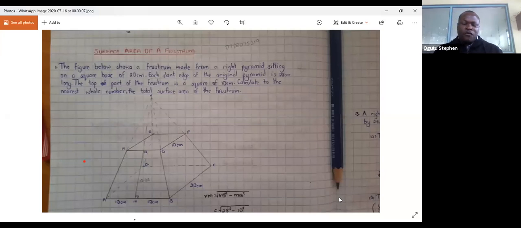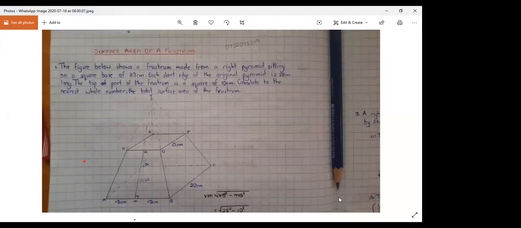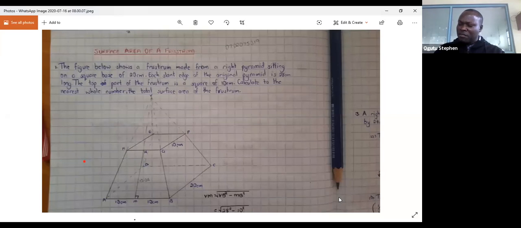Good. So sasa hapa what you do, chukua triangle moja. Hii triangle moja, tuseme triangle VAB. Can we all of us see VAB? Hiyo VAB iko na triangles mbili.